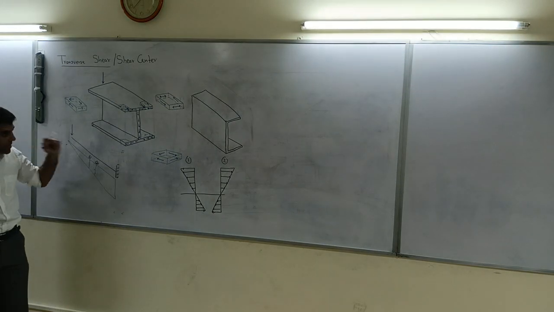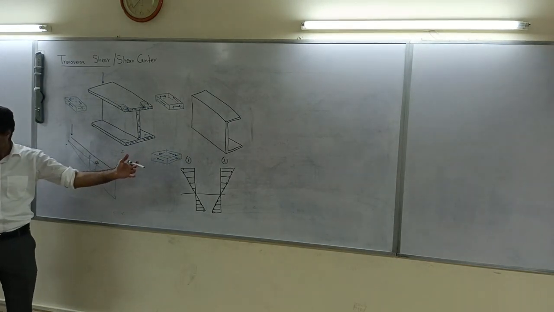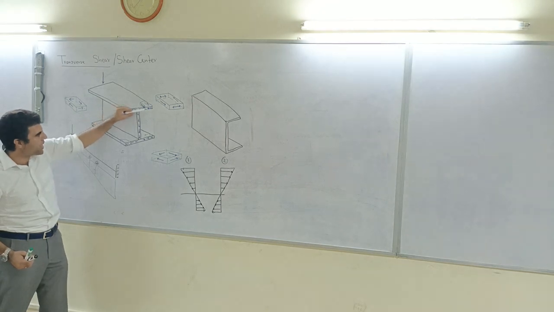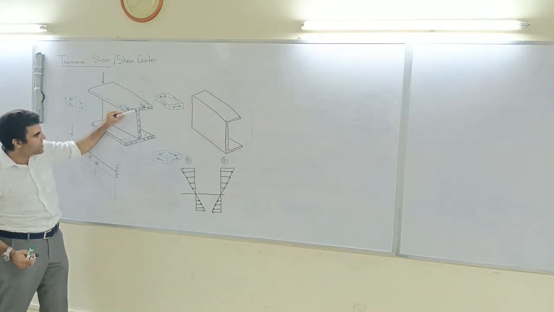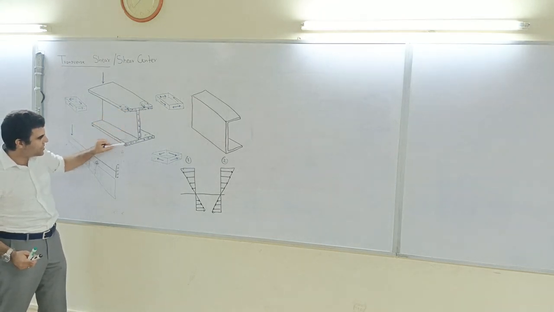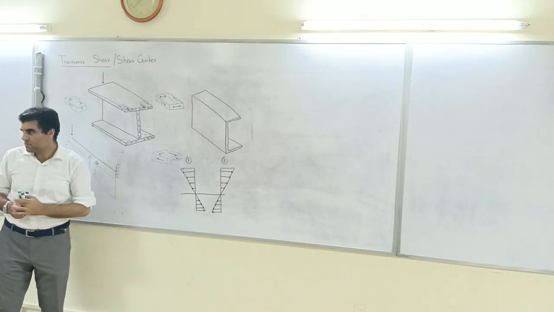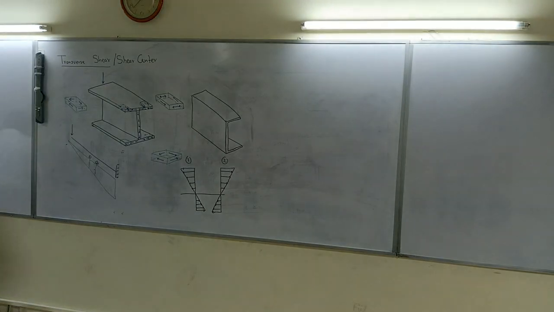So this shear flow, in other words, comes like this. Do you understand my point? This shear flow starts from here, and then it goes like this. Any question about this?